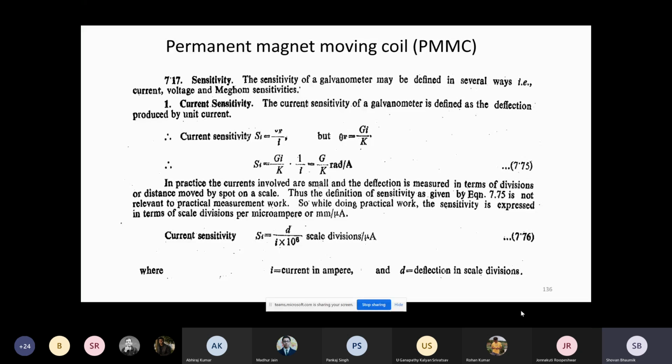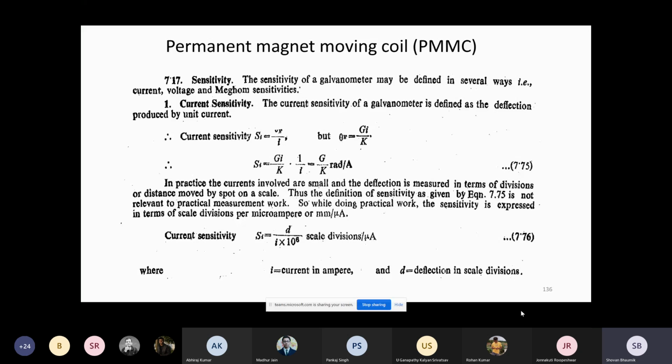That is true, but there is a shunting mechanism, which we will read later, which is inbuilt inside those devices. So even if you give a very high amount of current, say 10 ampere, 100 ampere, 500 amperes, the shunting is done in such a way that most of the current will pass through the shunt and a very small amount of current, in the order of milliampere or so, will pass only through the galvanometer.